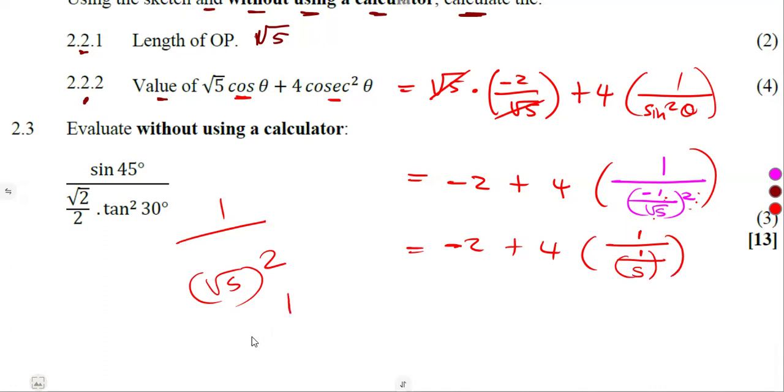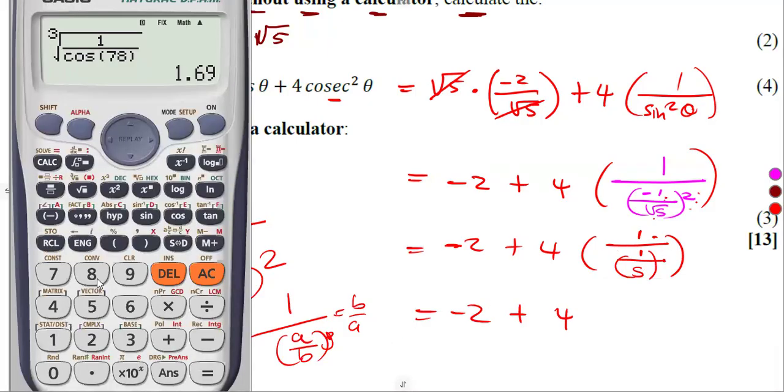So remember, 1 over A over B simply gives us B over A. You interchange that. So 1 over 1 over 5 is simply the interchange. It was going to give us a 5. Or just use your calculator, guys: 1 over, open a bracket, 1 over 5, then close that bracket.